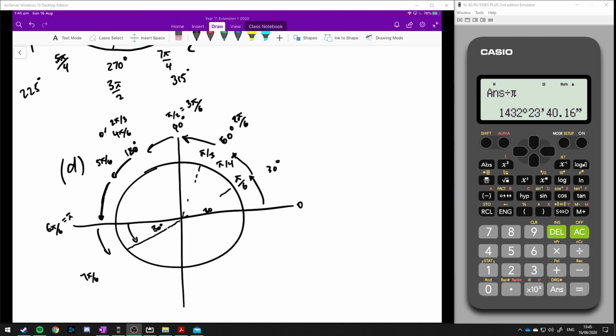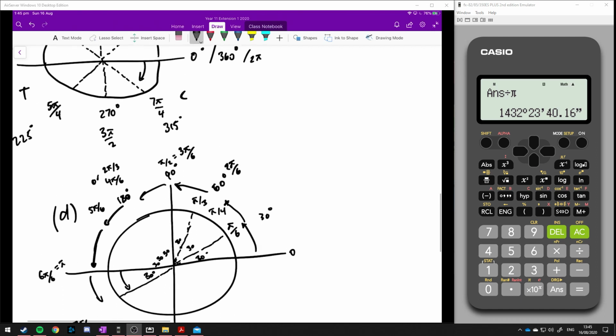So adding all those 30s up, you get 30, 60, 90, 120, 150, 180, 210.